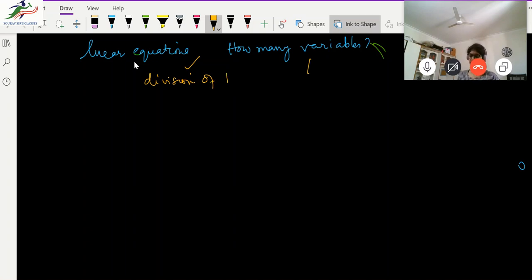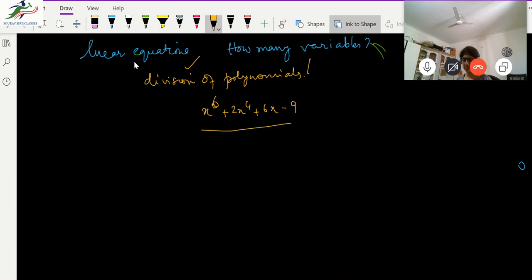So let's say I have a polynomial x to the power 6 plus 2x^4 plus 6x minus 9, and I want to divide it by x cube plus 3. How will I do that?